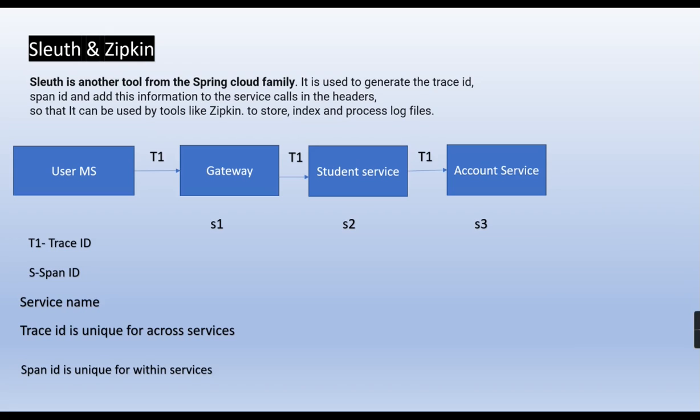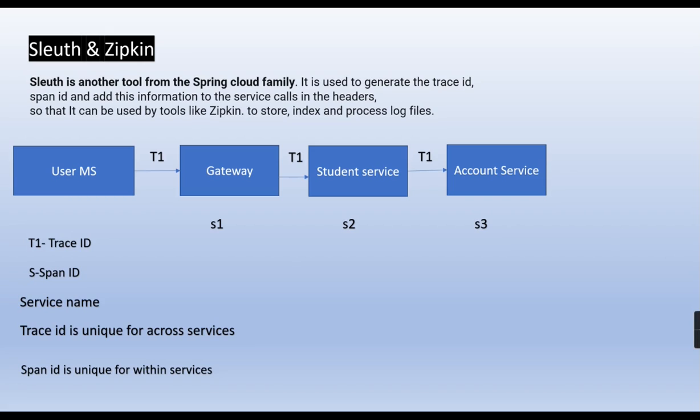It is very difficult. So that is where Sleuth and Zipkin landed. If we are using Sleuth and Zipkin, our job is easier and simpler. Then how are Sleuth and Zipkin going to provide the solution for such scenarios?